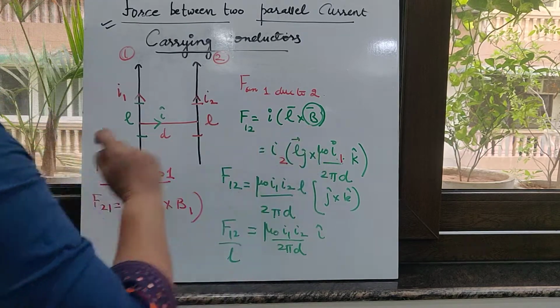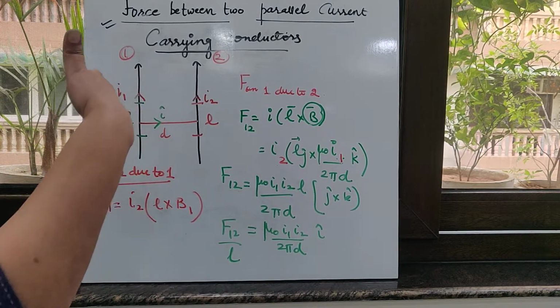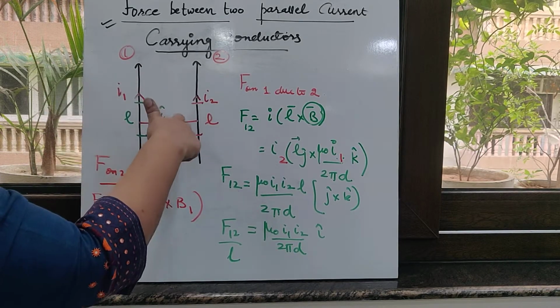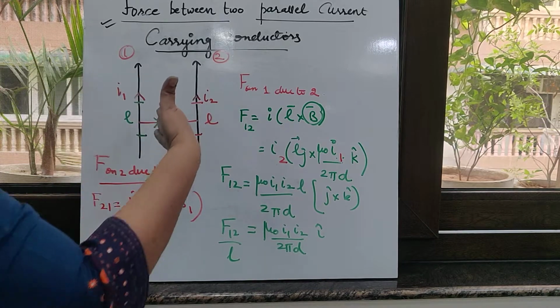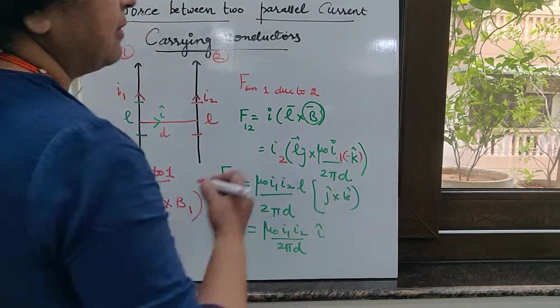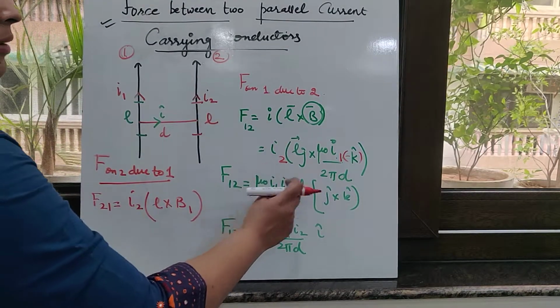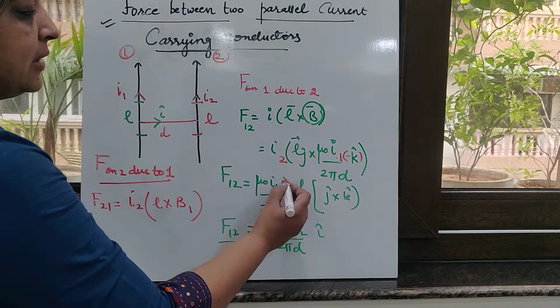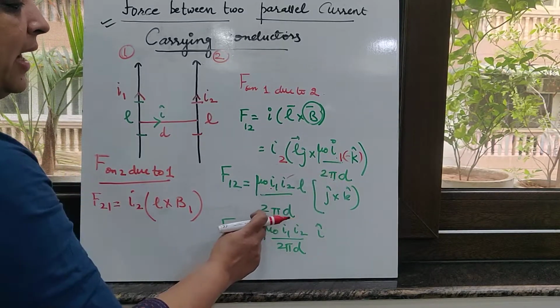As far as the magnetic field is concerned, if I hold this conductor in my right hand, the magnetic field is going into the plane of the board for this conductor, because I will hold it like this. So my fingers are going inside. So this direction becomes negative of K. So these are the changes that I am showing with red. Right? So I2 is this much, I1 is again here, mu naught is there, 2 pi d is there.